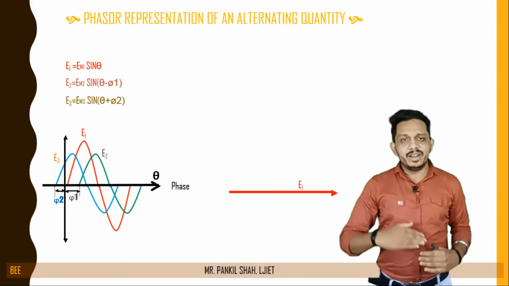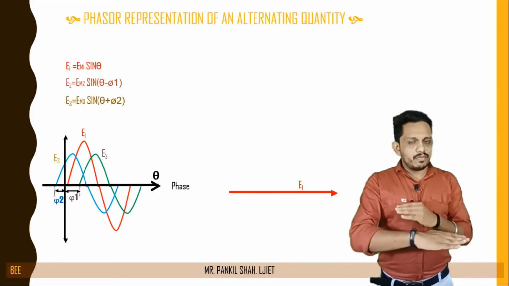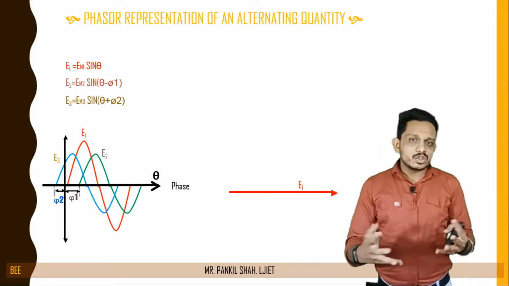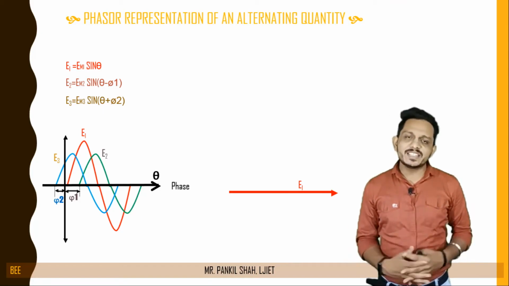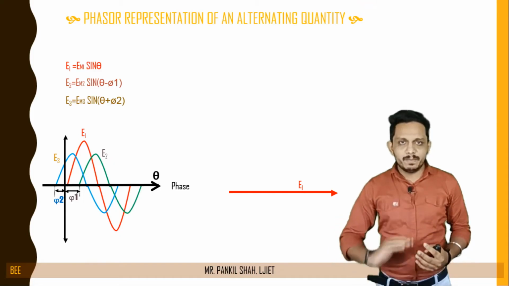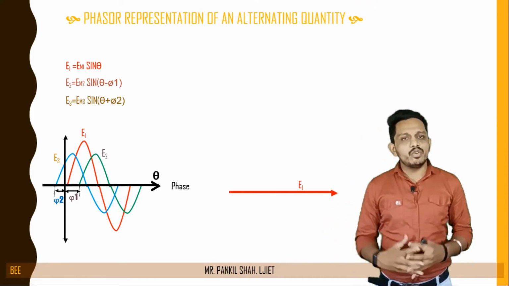And if you have drawn your leading vector just above your reference, then that vector will rotate first and the reference will rotate after, so you can say that this vector leads the reference. Therefore, in simple terms, the lagging vector is always drawn below your reference and the leading vector is always drawn above your reference.